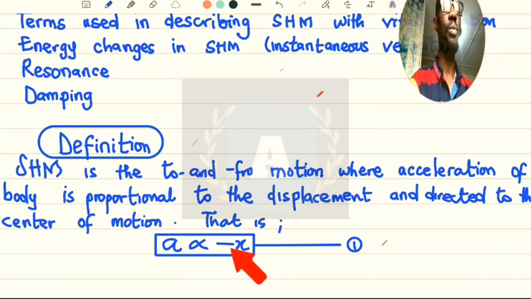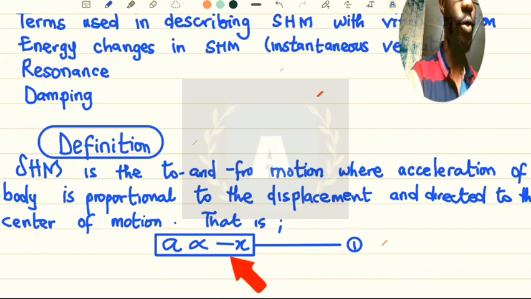Now what does this minus in this equation indicate? It simply means that acceleration and displacement are not in phase in simple harmonic motion. They are not the same. So acceleration and displacement are actually out of phase with respect to simple harmonic motion.